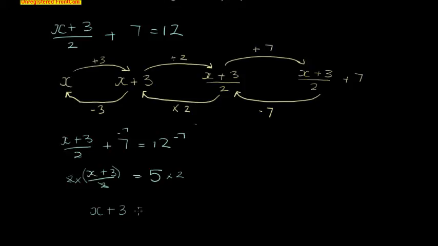Okay. If we've multiplied 5 by 2, we've got 10. And the last step is to take away the 3 from both sides to leave us with x is equal to 7.